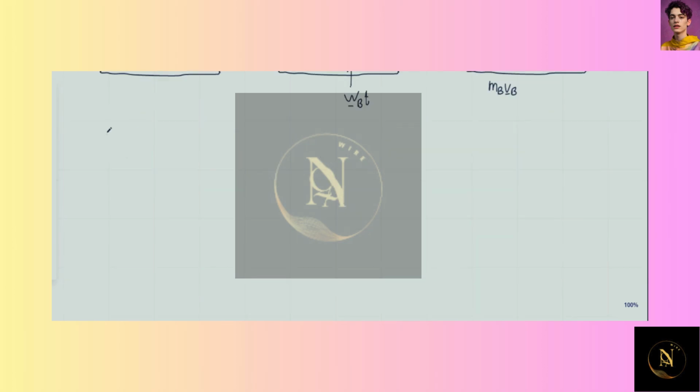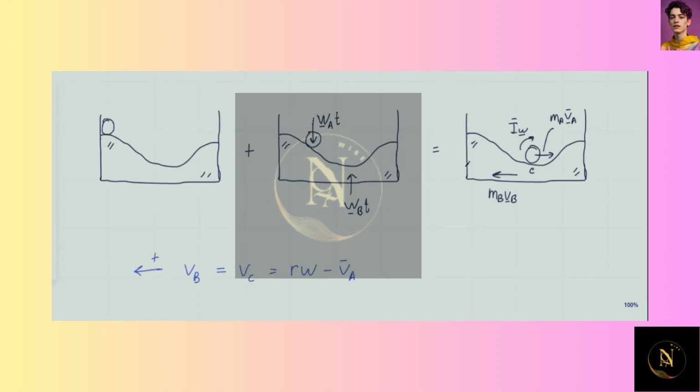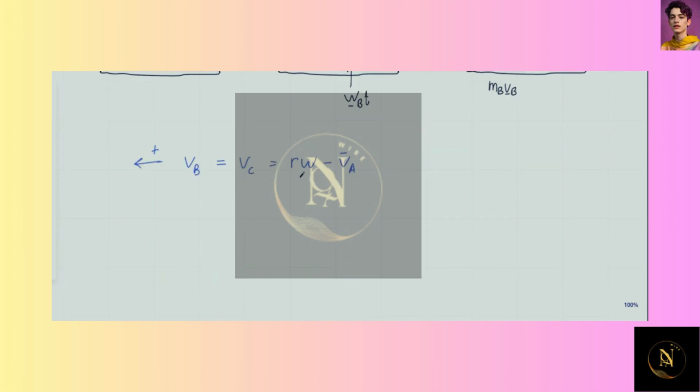So we can get from here, with a bit of kinematics, that Vb, the speed of ball B as it moves, or the speed of the cart moving to the left, is equal to Vc at point C, and this is equal to R omega minus V bar A. So there's two contributions to the cylinder's motion, that due to its angular motion and its linear motion.